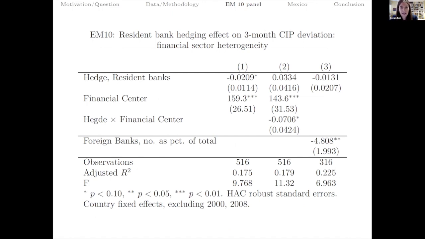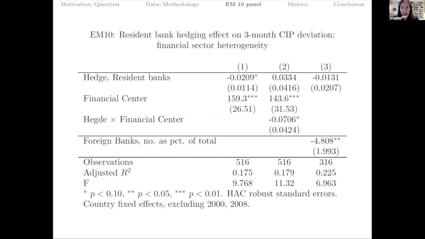I'm just showing three results here very briefly, and there's more discussion in the paper. But again, we see some evidence that the domestic resident banking currency mismatch, even if you're a financial center, still has a widening effect on the basis. In column one, the financial center dummy. All of these regressions include country fixed effects.